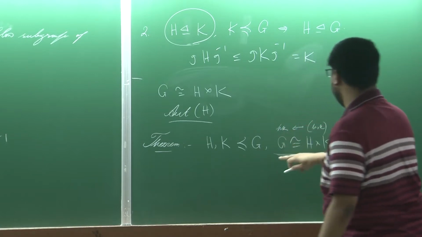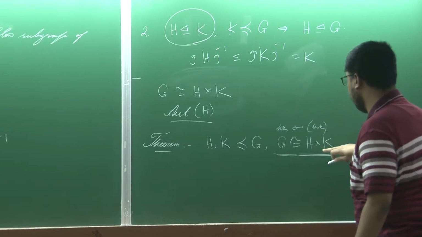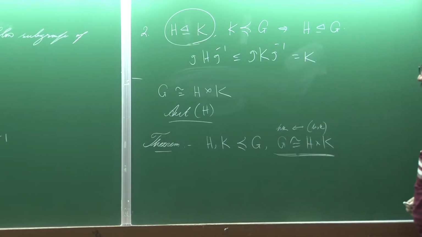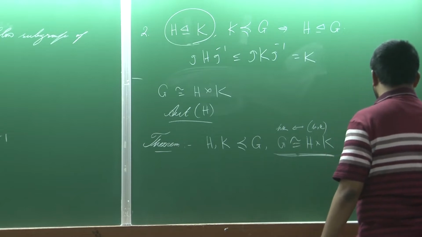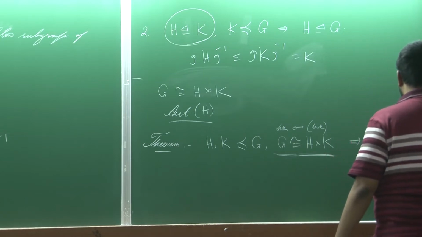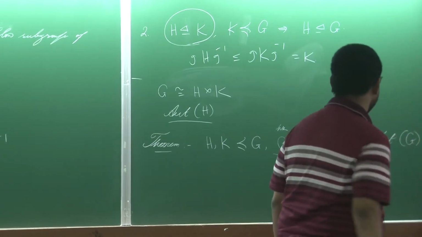Unless otherwise said, by this isomorphism I always tacitly assume that this is the isomorphism under consideration here. Then we have the following: Aut G is isomorphic to Aut H times Aut K. And how to show that?